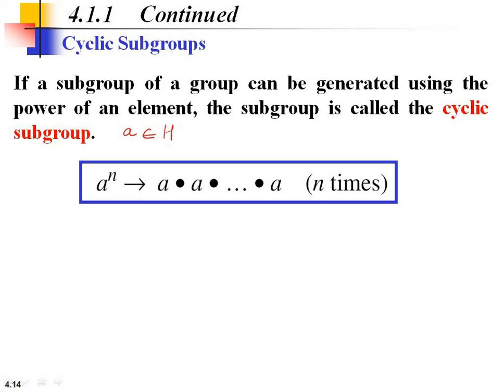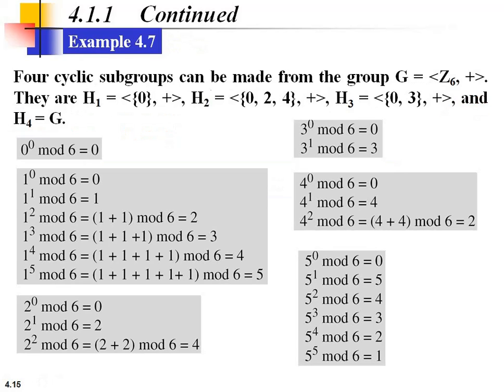Let us see with an example. Suppose we have the group G defined as Z6 with the operation addition. Z6 contains the elements 0, 1, 2, 3, 4 and 5.